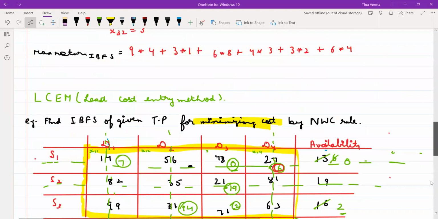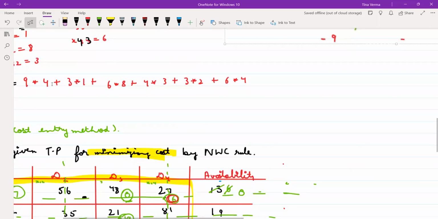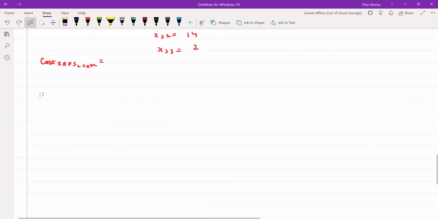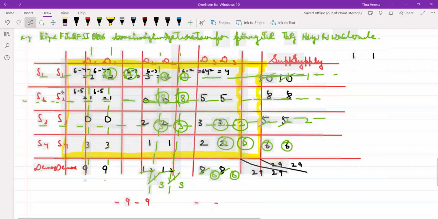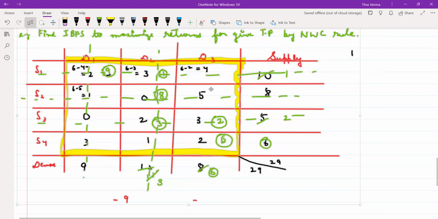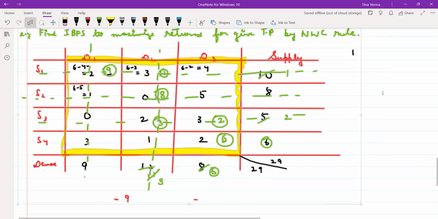You can also do this example. I have just to tell one thing in this. So the question is that find initial basic feasible solution for given transportation problem with least cost entry method.